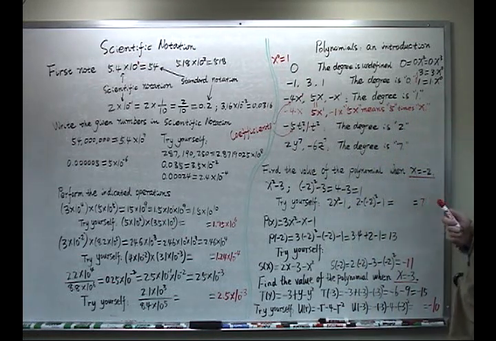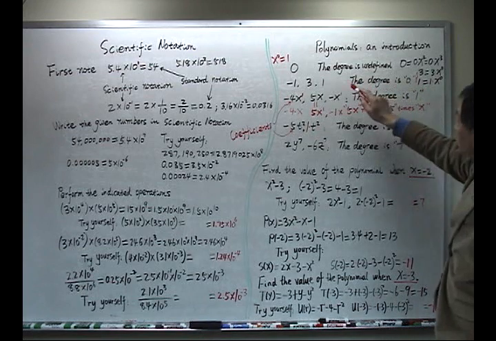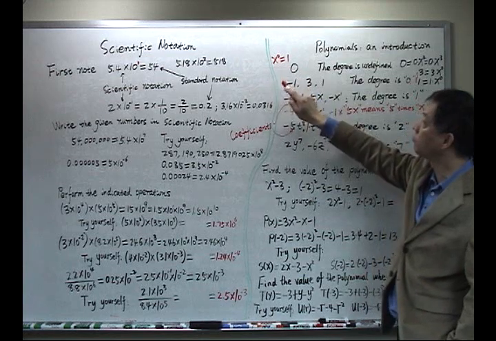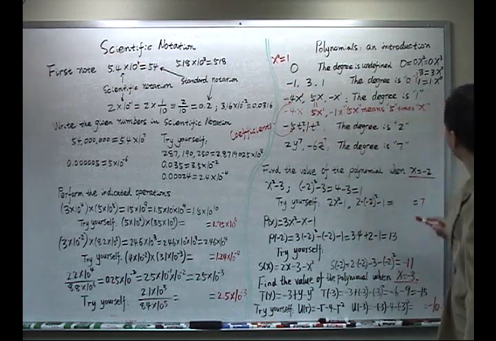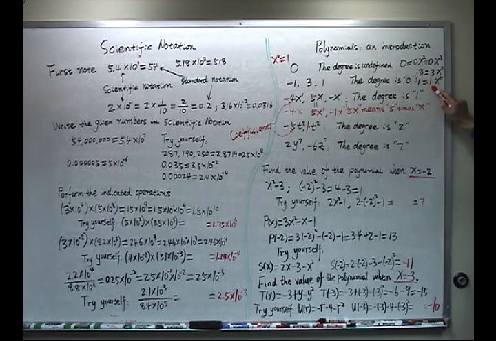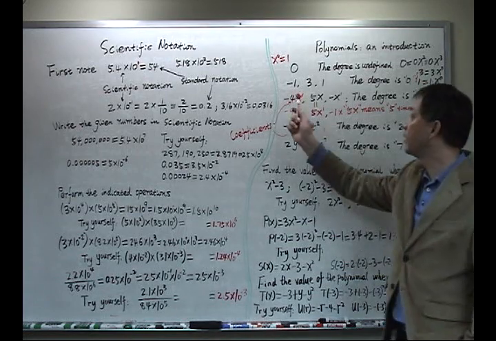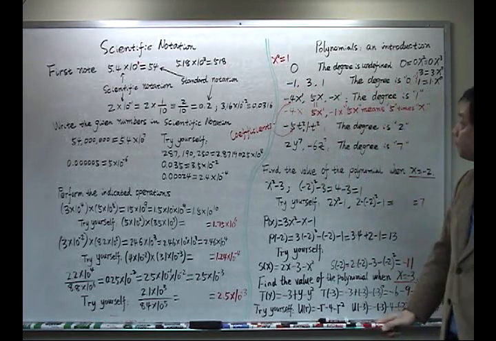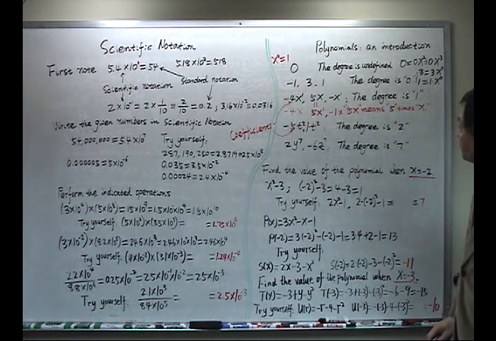So negative 1 times x to the 0 is actually negative 1. 3 equals 3 times 1 because x to the 0 is 1. 1 equals 1 times x to the 0. Again, x to the 0 is 1, so 1 times 1 is 1. In this case, for non-zero constants, the degree is 0.